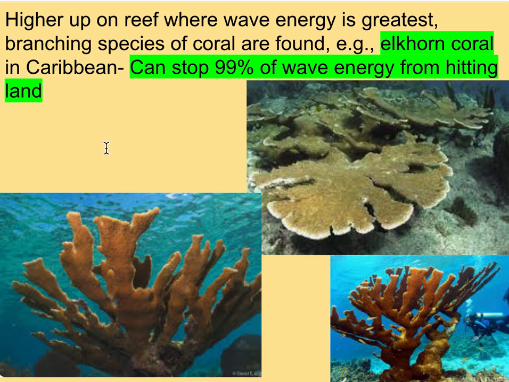Higher up on the reef, where the wave energy is the greatest, is this awesome coral called the elkhorn coral. The crazy thing about this coral is in the Caribbean, they have a lot of it, and it actually grows almost parallel to the land underneath it.